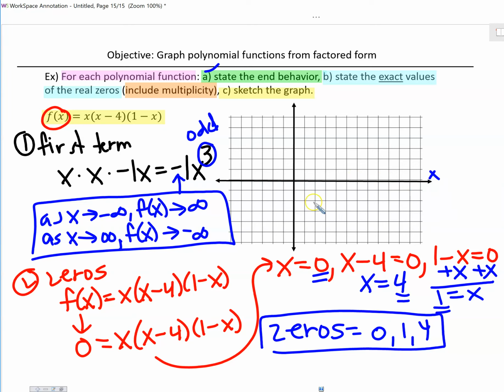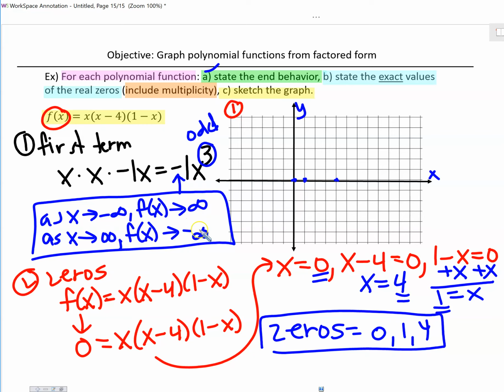So my x-axis, my y-axis, I have a zero of 0, I have a zero of 1, and I have a zero of 4 right there. And my end behavior, remember, my left end is going up to positive infinity.